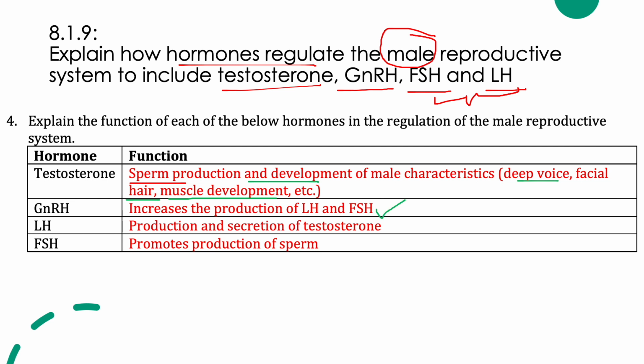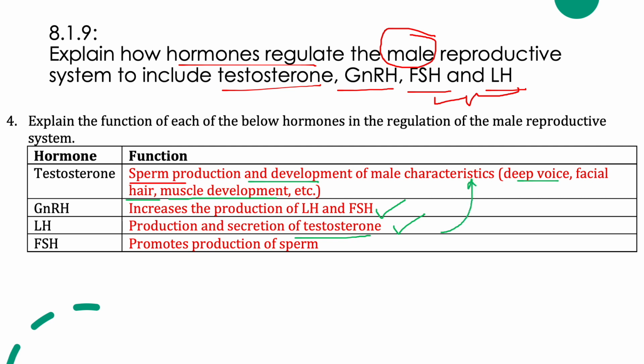LH, luteinizing hormone, in the male causes the production and secretion of testosterone. So be careful that it is involved in the production and secretion of testosterone. Testosterone is a male secondary sex character hormone.